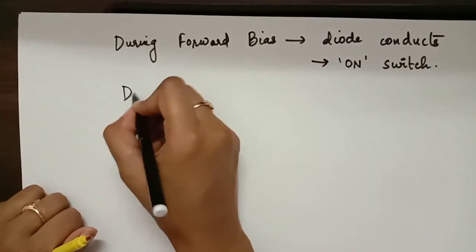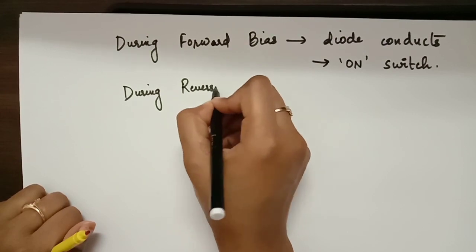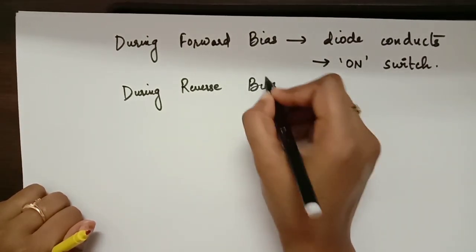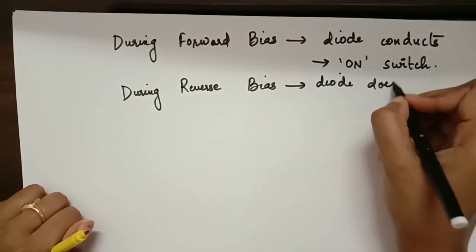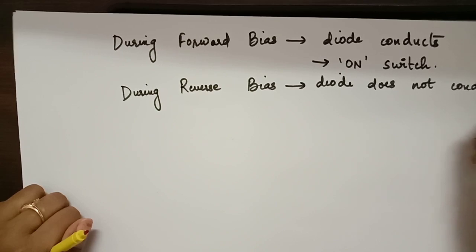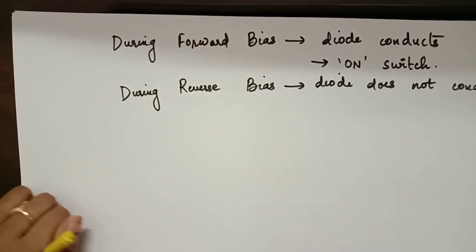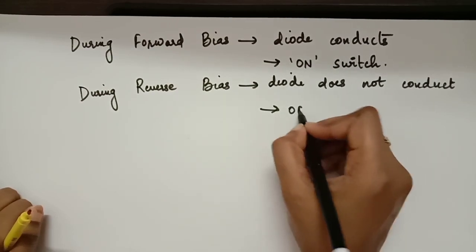And during reverse bias, diode does not conduct, and it will behave as an off switch.